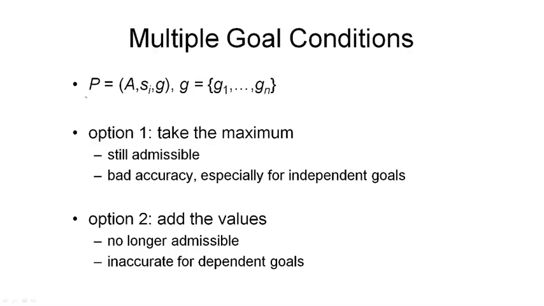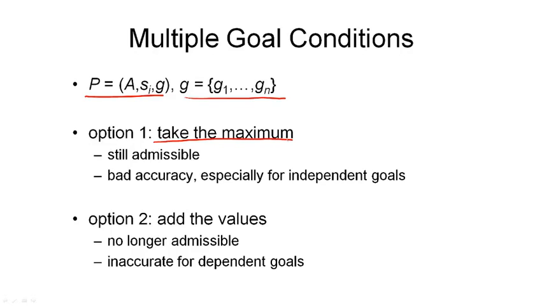So we are given a planning problem, but our goal consists of more than one goal, G1 through Gn, and we need to combine the heuristic values for the individual goals into an overall heuristic value. And there are 2 obvious ways in which this can be done. The first option is we simply take the maximum.